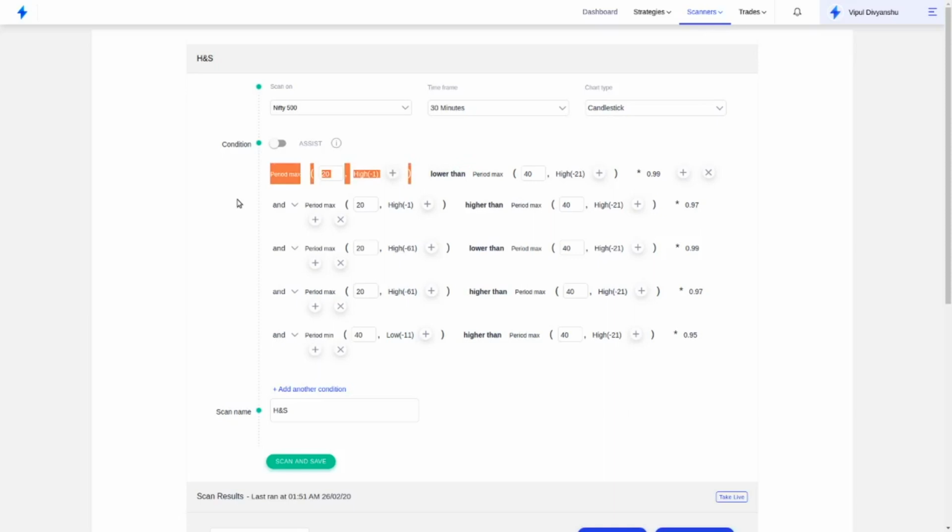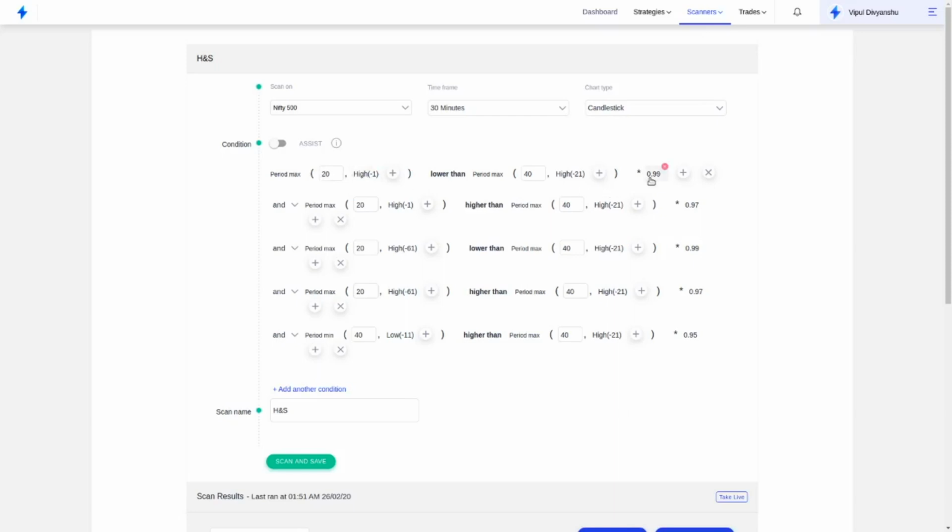Now that should be lower than the period max of 40 candles, but with an offset of -21, which basically means I'm skipping the first 20 candles, and from there I'm looking back for 40 candles and trying to identify, was there a peak, what was the peak actually, and making sure that my high is lower than that.